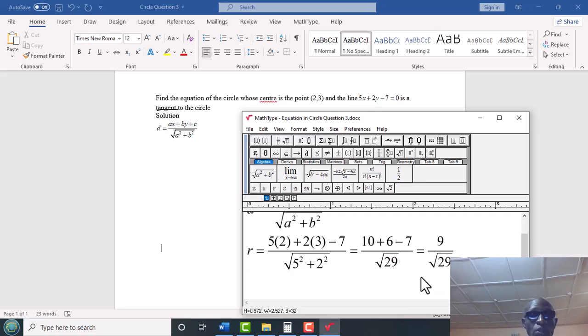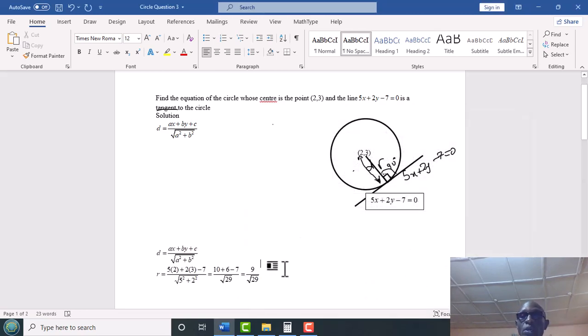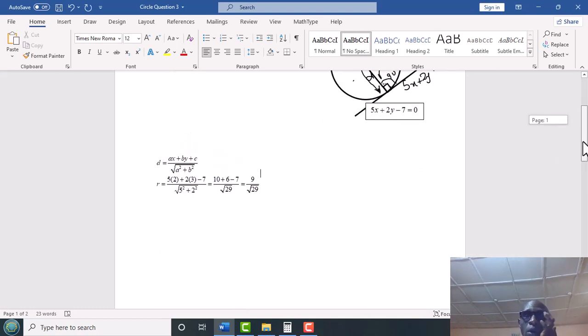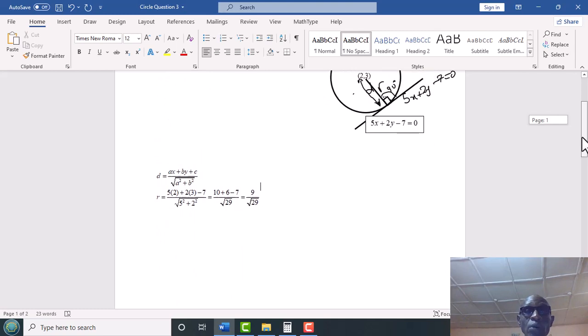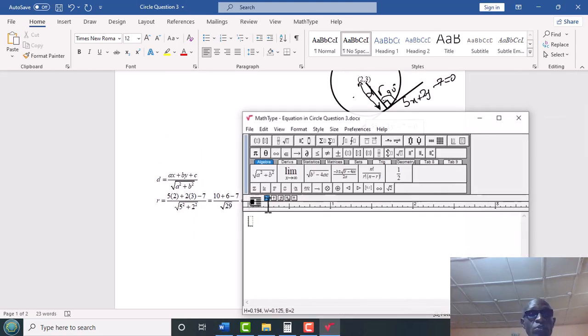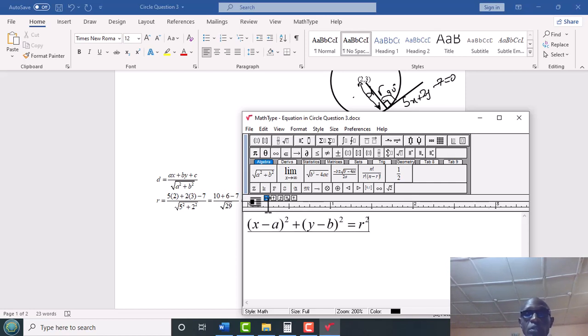Now we need to find the equation of the circle itself. The equation of the circle is written as (x - a) all squared plus (y - b) all squared is equal to r squared.